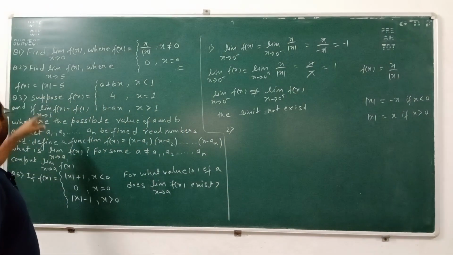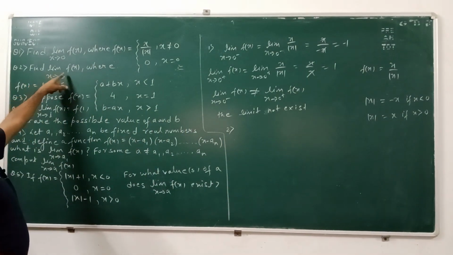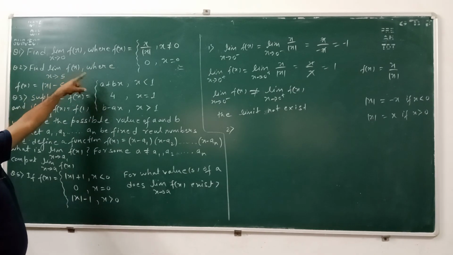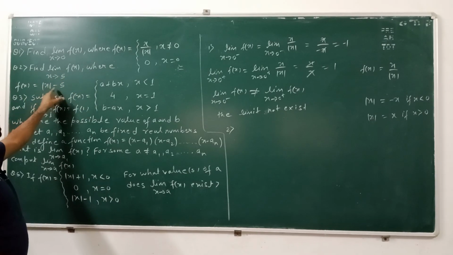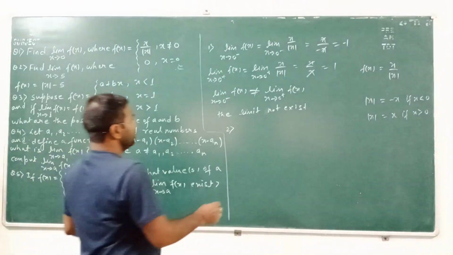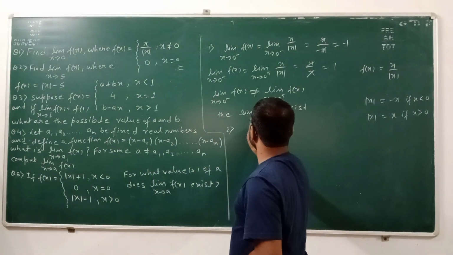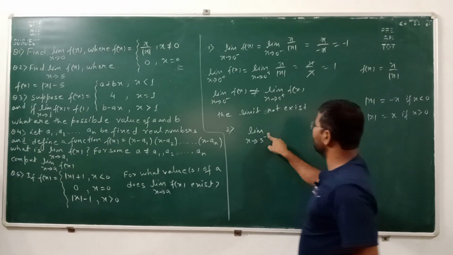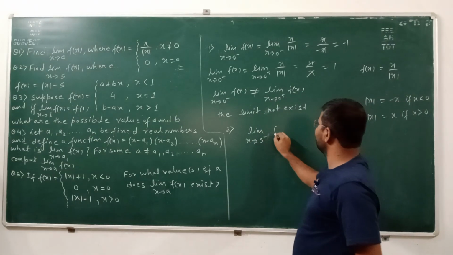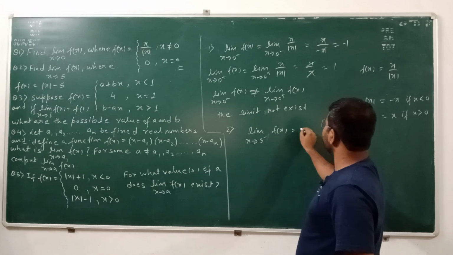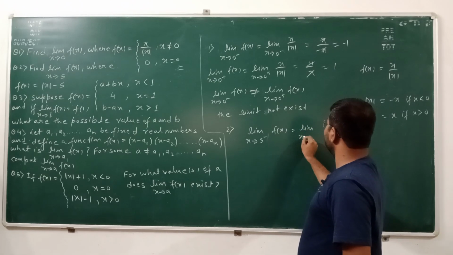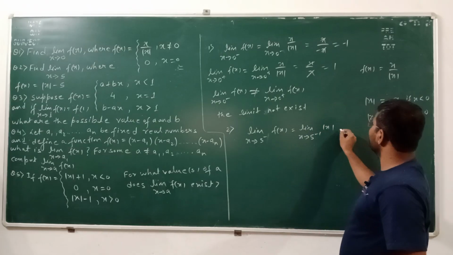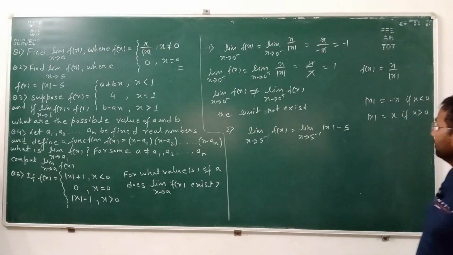Question number 2 is saying: find the limit as x tends to 5 of f(x), where f(x) is equal to mod of x minus 5. So first of all we will find the limit as x tends to 5 negative of f(x), so we will write limit x tends to 5 negative mod of x minus 5.